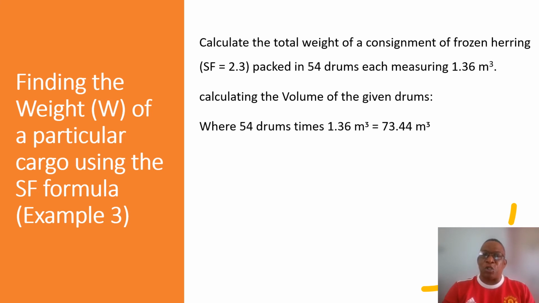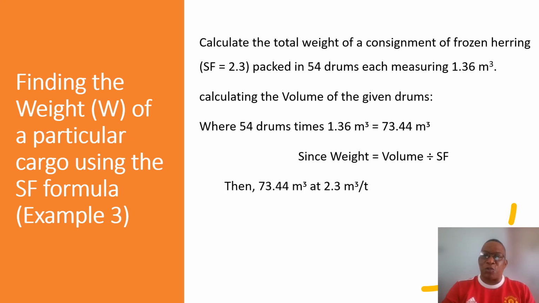Here, 54 drums times 1.36 cubic meter would result in 73.44 cubic meters. Applying the formula, we will have 73.44 cubic meters at 2.3 cubic meters per ton. That is 73.44 divided by 2.3. Resulting answer, 31.93 tons, as the cubic meters will eliminate each other.